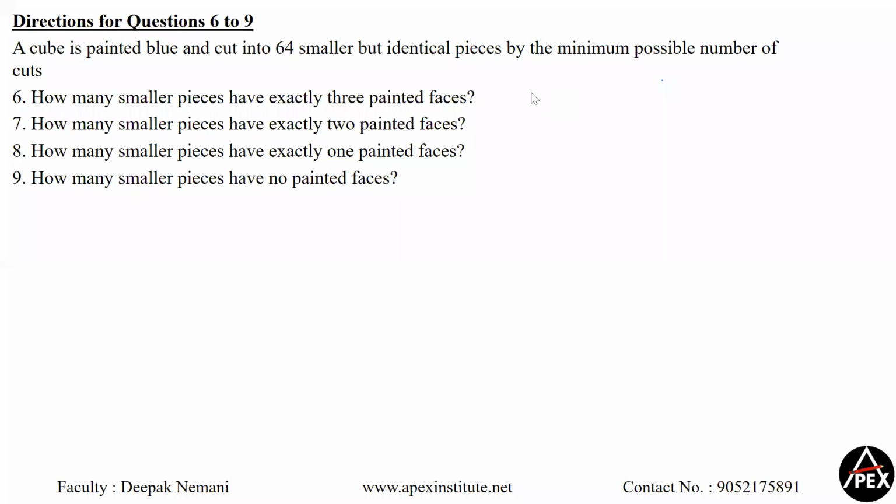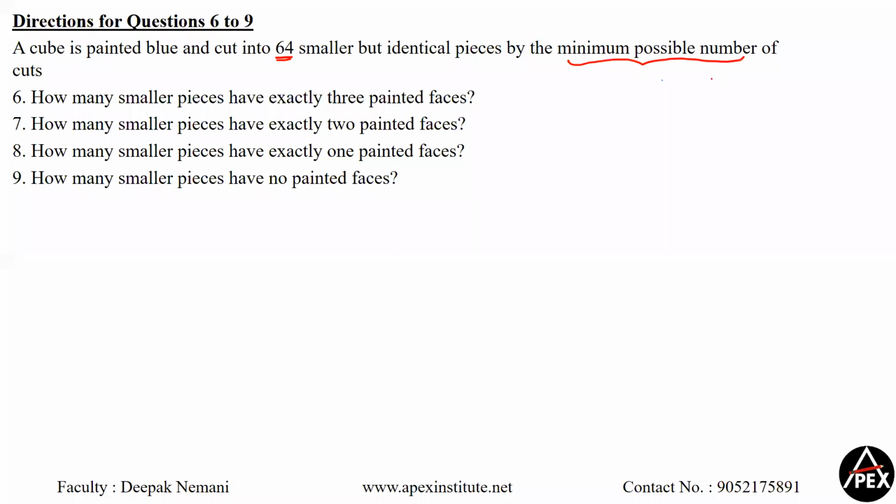Now, before starting this question, I have a question for you. It is given that a cube is painted and cut into 64 smaller cubes by minimum possible number of cuts. So what are the cuts made in?